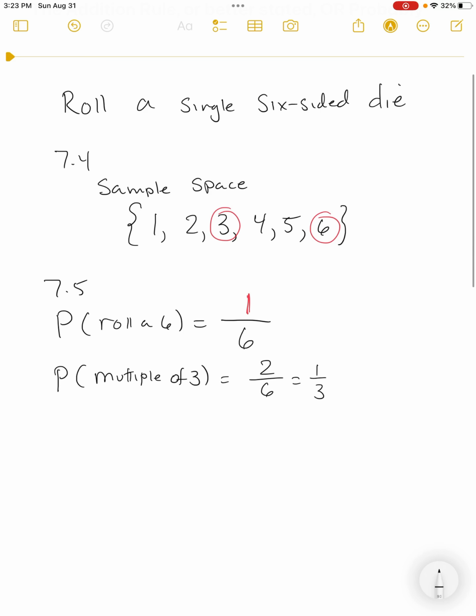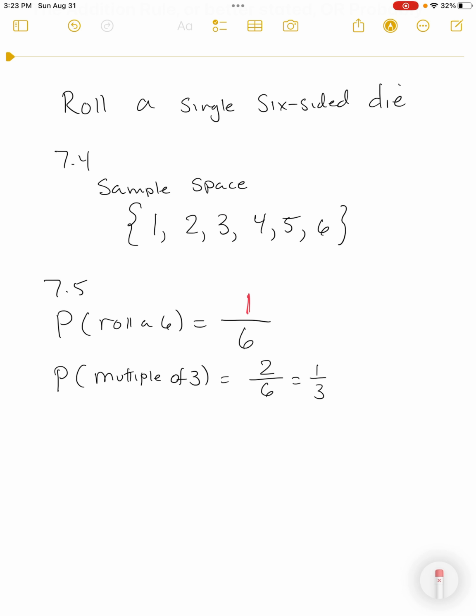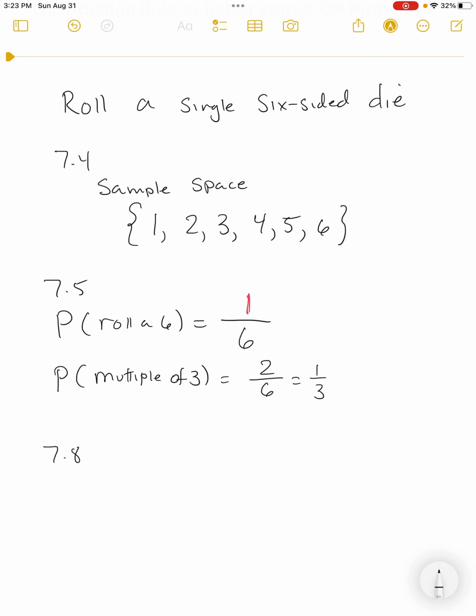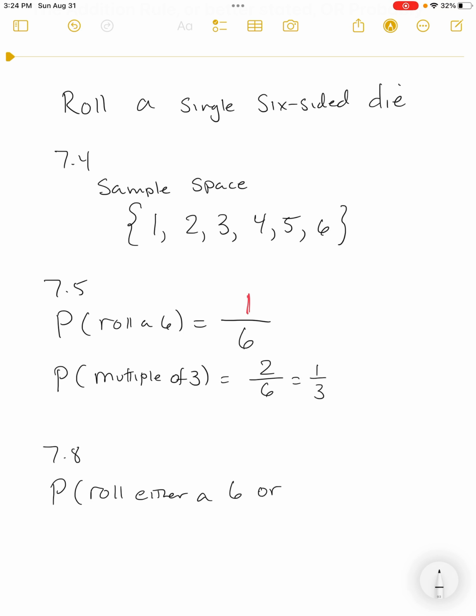So what changes as we come to a new section? Now we are in section 7.8, and they're going to ask us, what's the probability that we roll either a 6 or a 2?